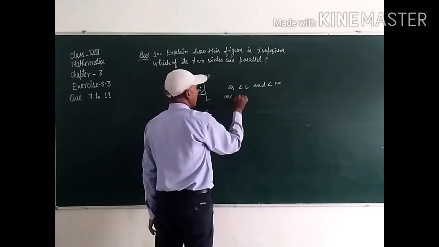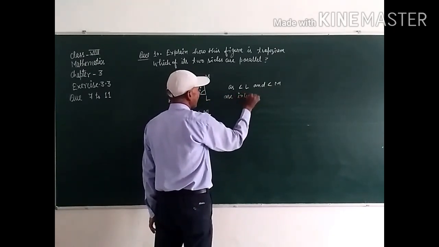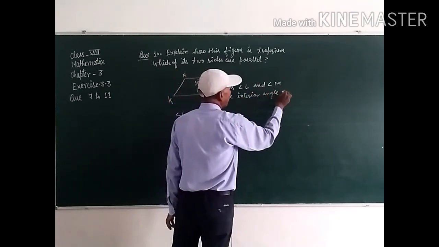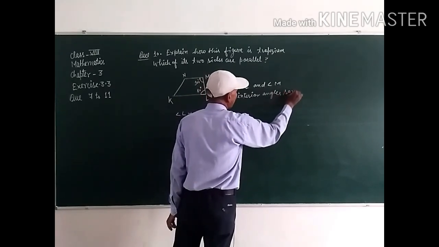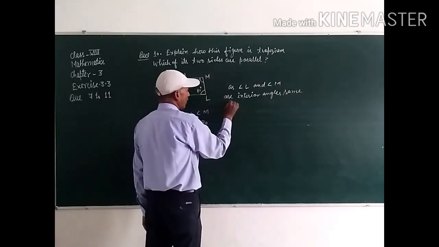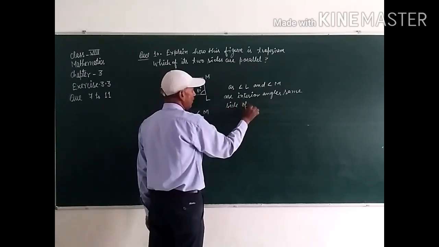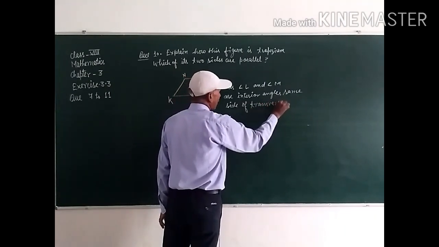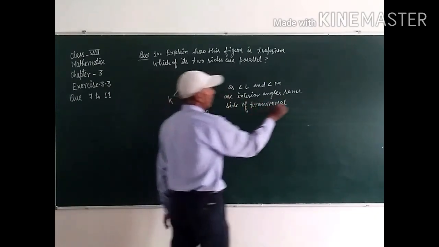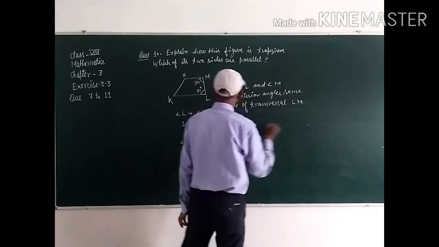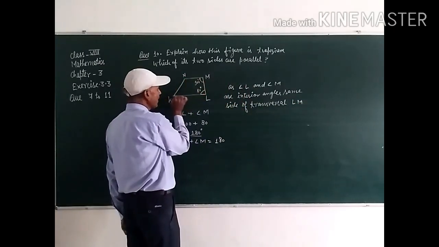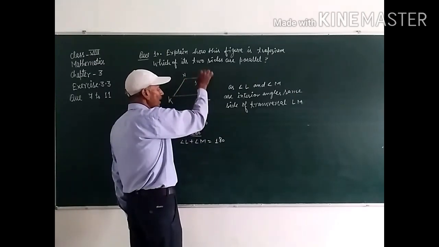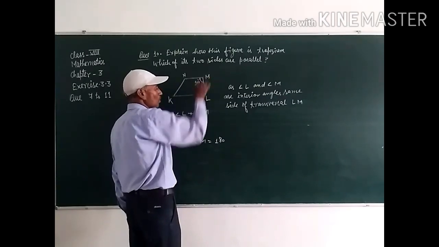are interior angles same side of transversal LM. These are lines, student. KL and MN are lines, and this one is a transversal which intersects these two lines.